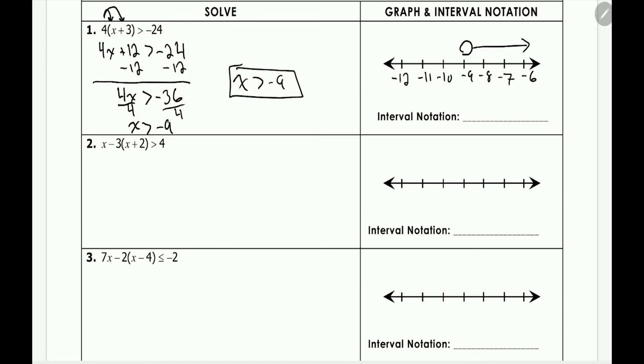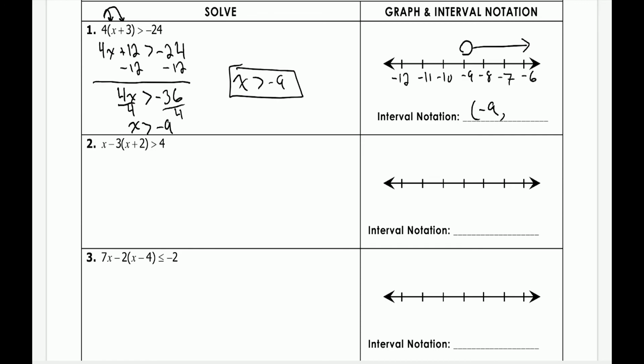So now you have to tell me what the interval notation would be. Since we have an open circle, we'd have a parenthesis. Then we have negative 9. So we're not including negative 9, comma. How far does that arrow go? Does it stop at negative 6?